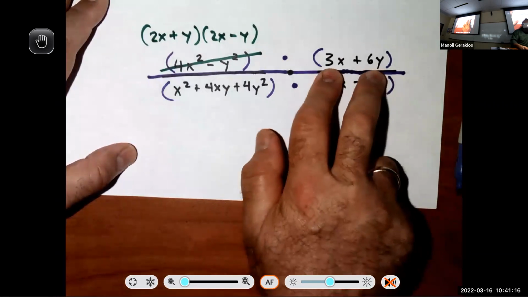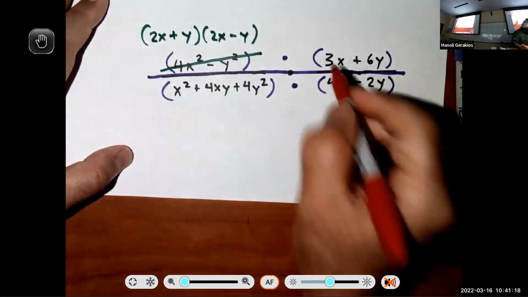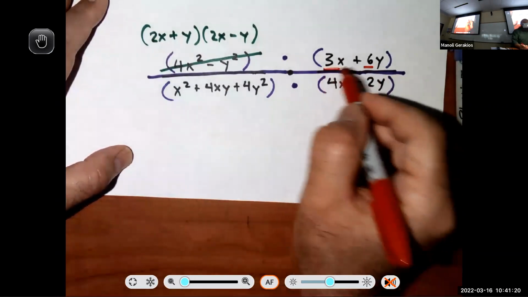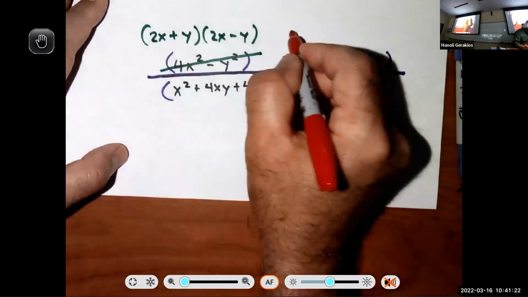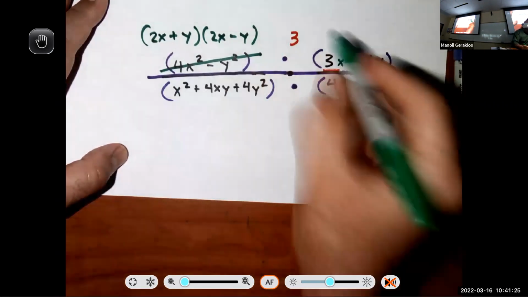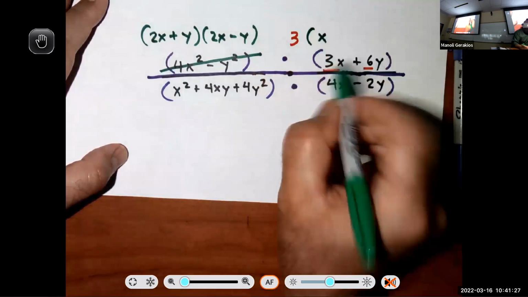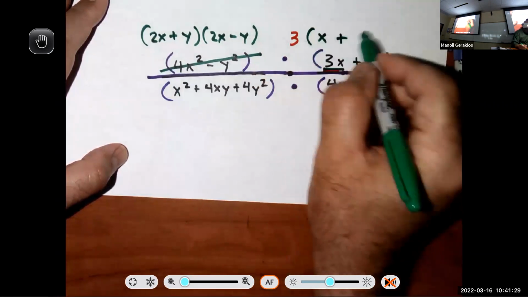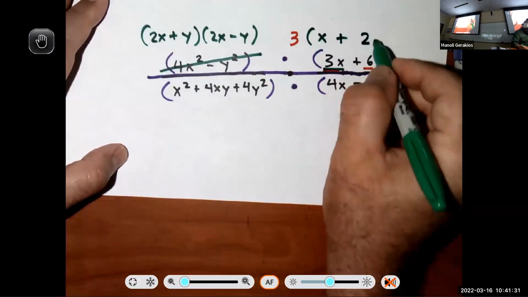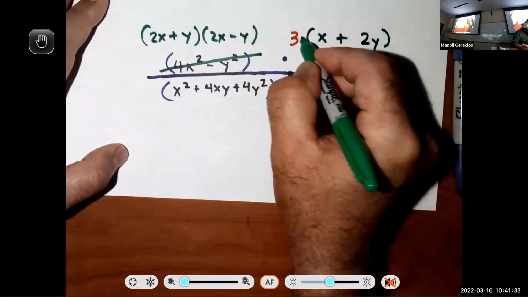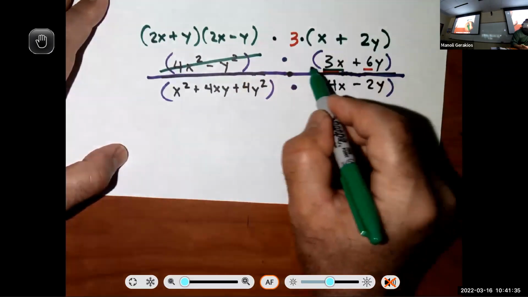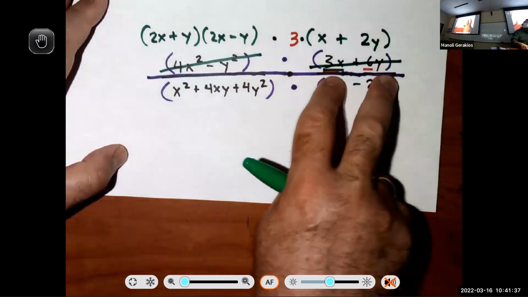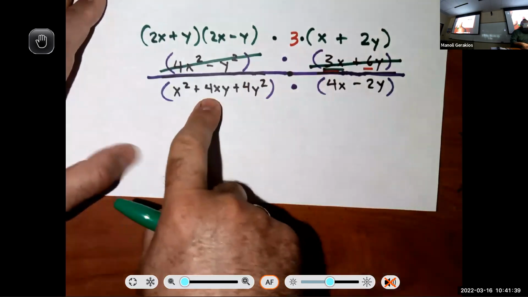Okay, anything in here? Between 3 and 6 is a 3, and nothing else. 3 times x makes 3x, 3 times 2 makes the 6, and I need a y in here. And I slash this out and replace it with its factors. Let's come back to this one.